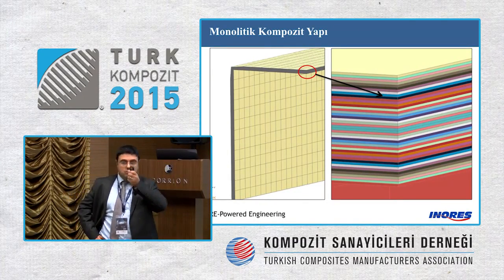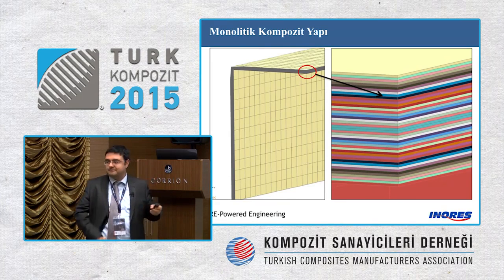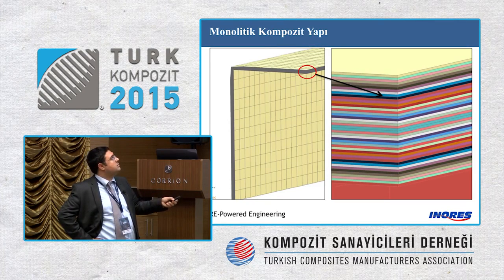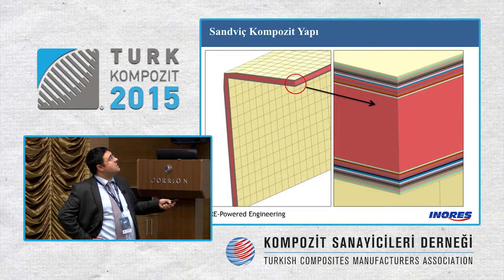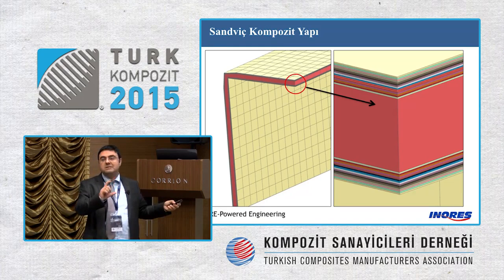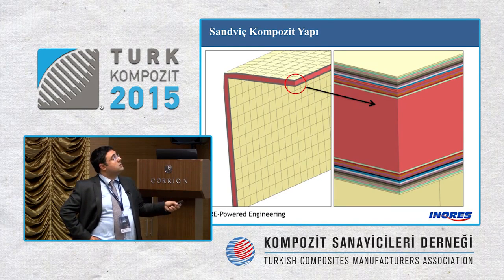When we look at the monolithic composite structures, do I have enough time? This is, for instance, a multiple layer composite. It's called monolithic. Or if there is a core material in between, the height is increased, and it's called the sandwich composite structure.